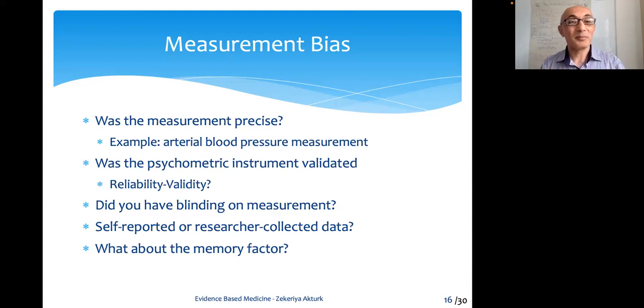Therefore, preferably, also at the measurement level, the participants and the scientists should be blinded.